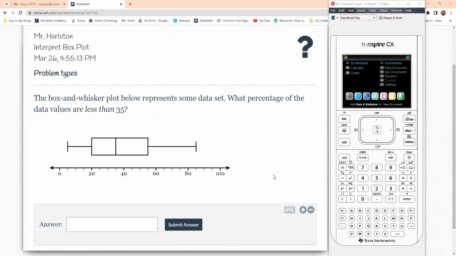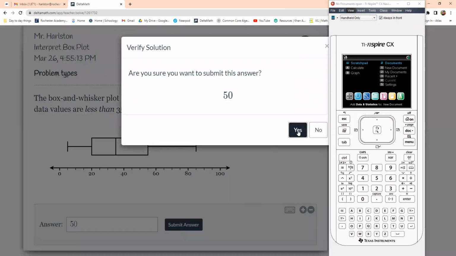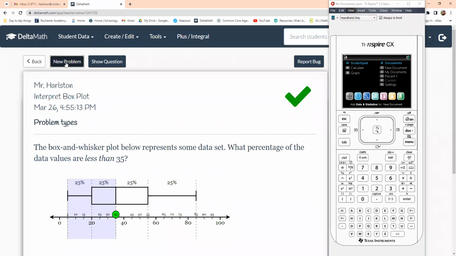So 35 is right here. It's the median. So they're saying what percentage of the data is less than 35? 25% would be here and 25% would be here, so that's a total of 50. So our answer is going to be 50% of the data is less than the median, which is what the median means. It means it's in the middle.